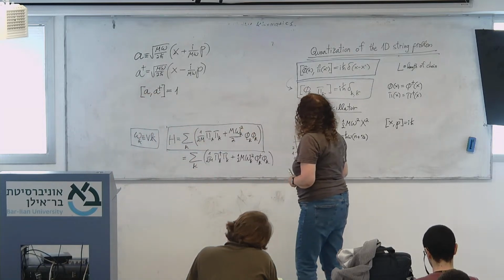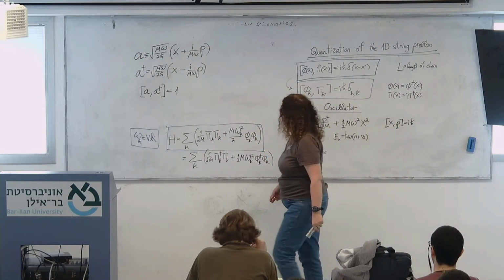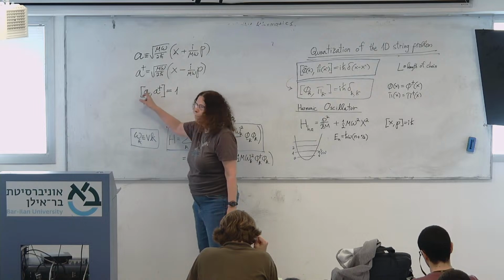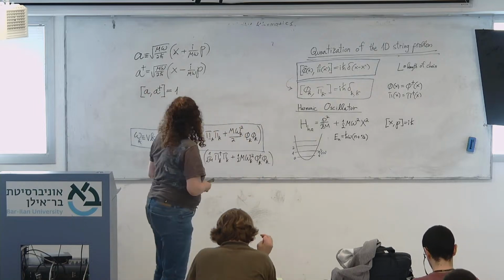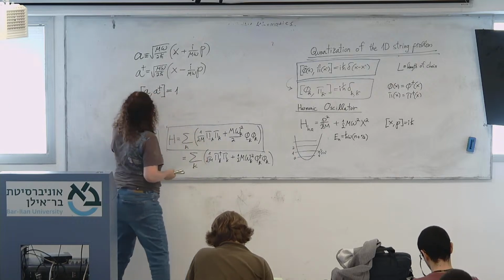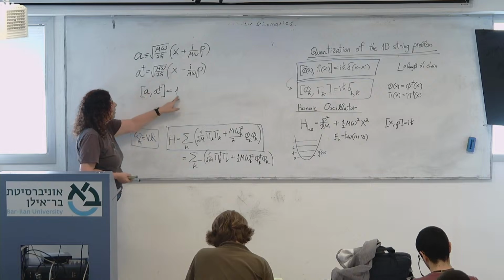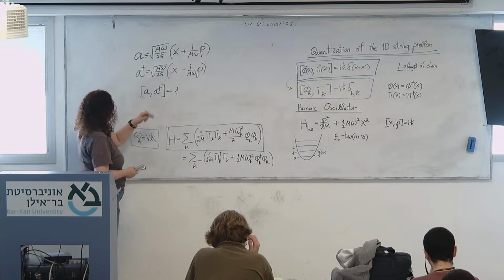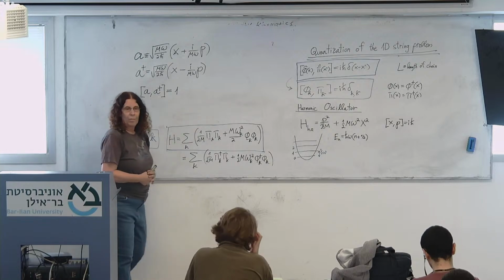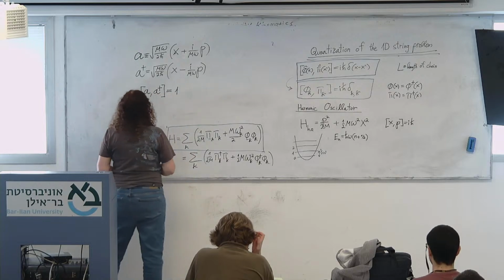So the h bar is somehow buried in them, but in such a way that they are dimensionless objects, and their commutator of a and a dagger is 1. So they are non-commuting objects.